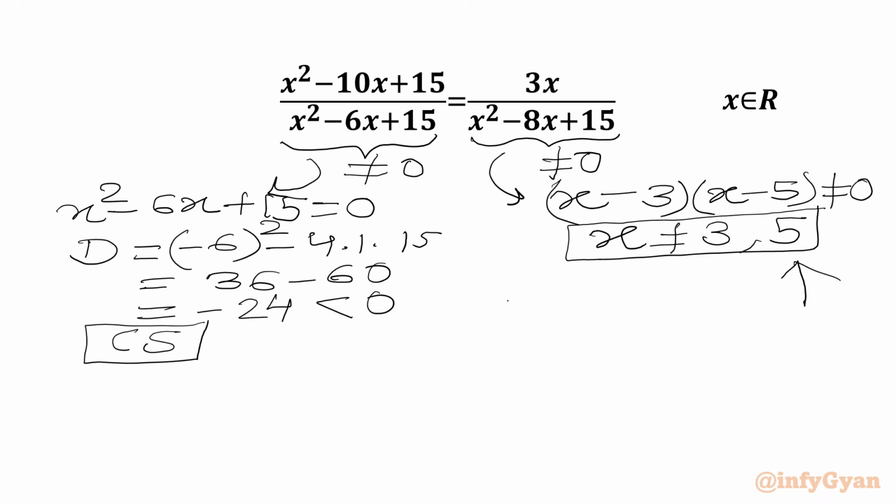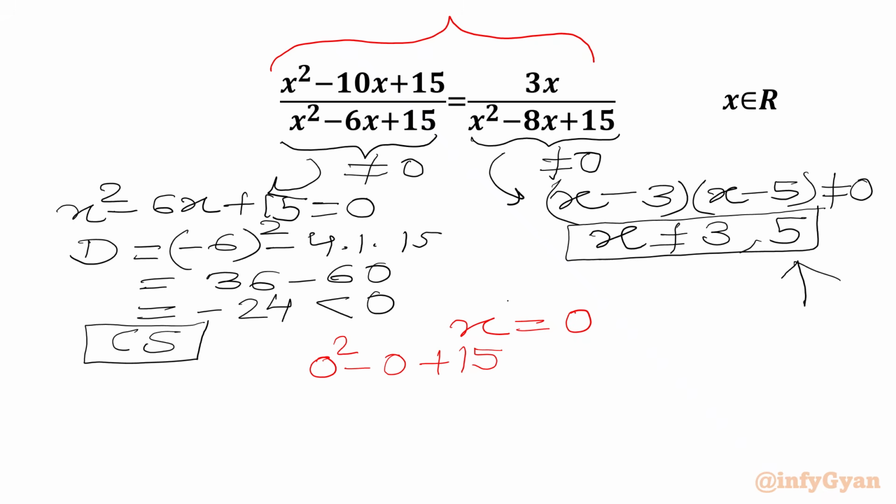Now for our equation, let's check x equal to 0. At x equal to 0, LHS will be 0 square minus 10 times 0 is 0 plus 15, over 0 square minus 6 times 0 is 0 plus 15.